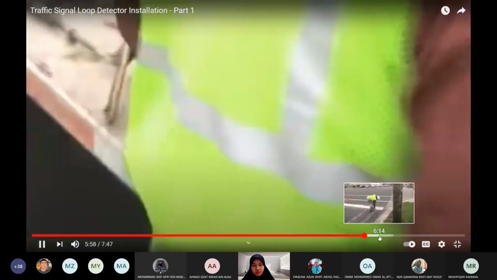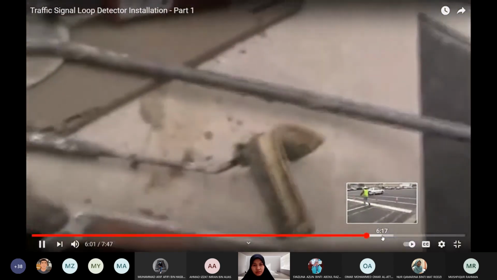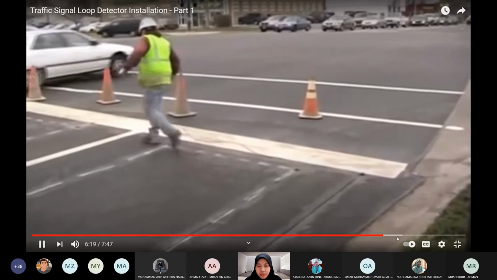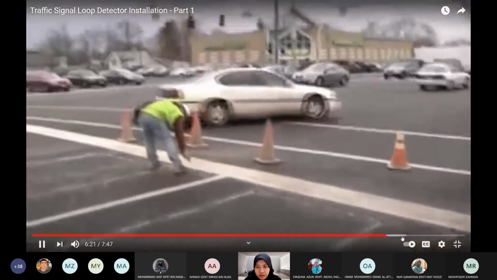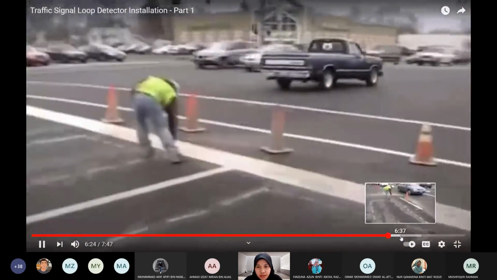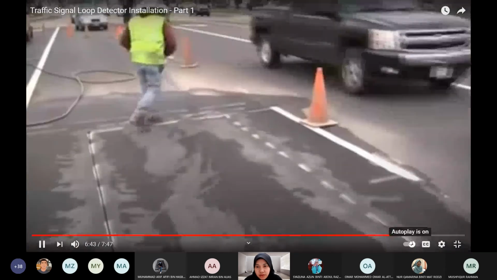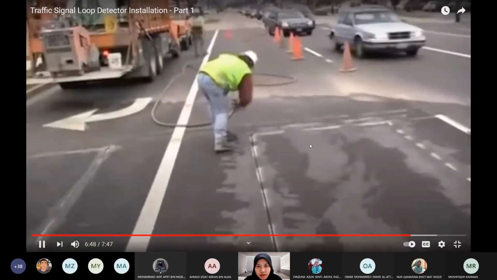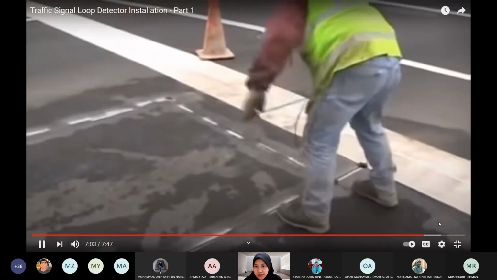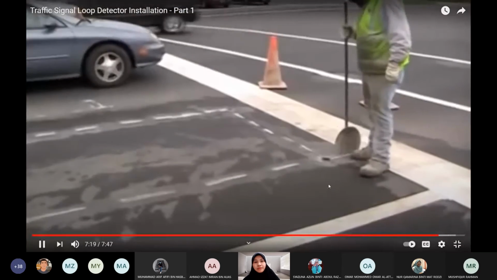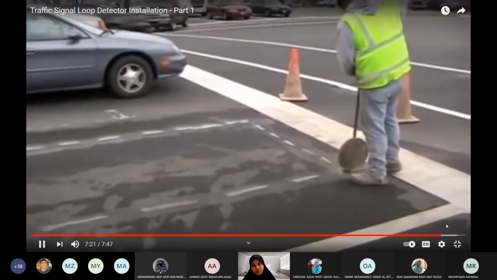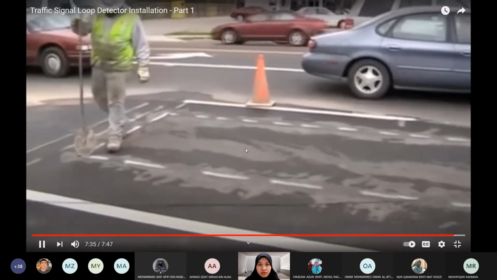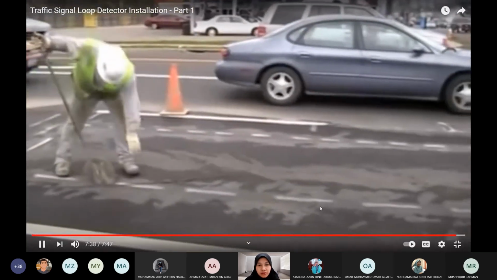So this inductive transducer senses inductance. The induction loop can complete the loop when the car arrives at the point of this induction. So the induction loop is installed on the road.